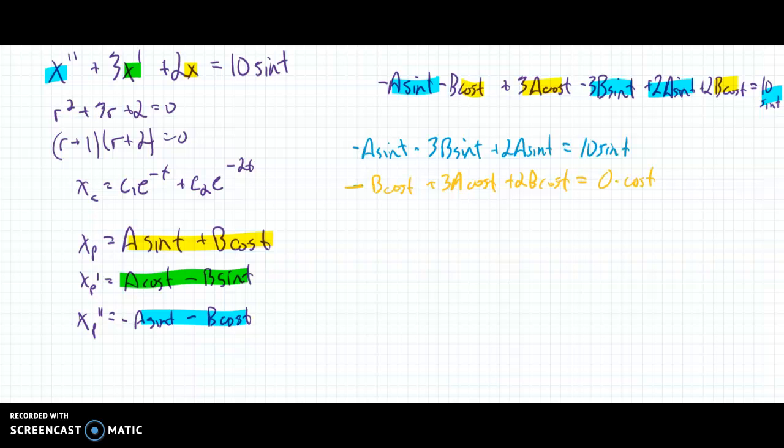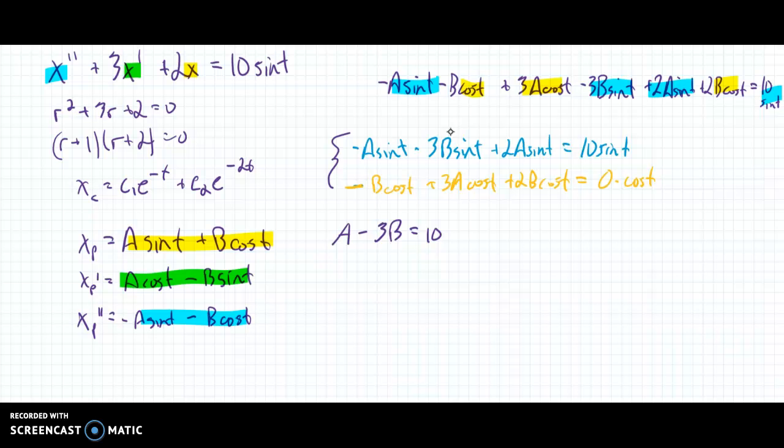And now this is already set up as my system of equations. And look, I have some common terms here. For sine, negative a adds with positive 2a to give 1a. From this line, I'm going to divide by sine t in this first equation. So I have a minus 3b equals 10.